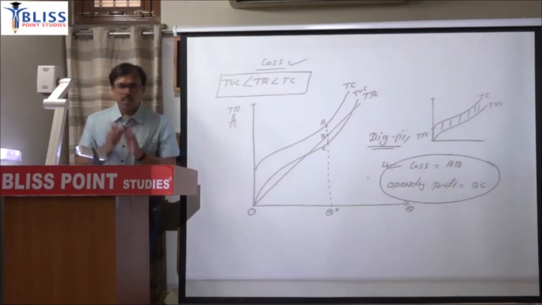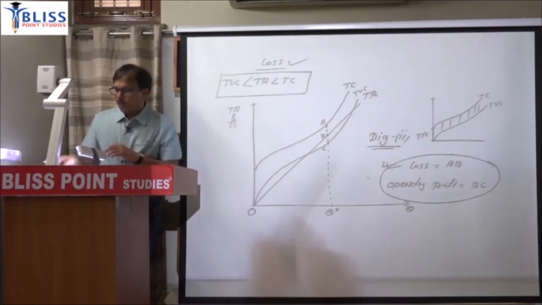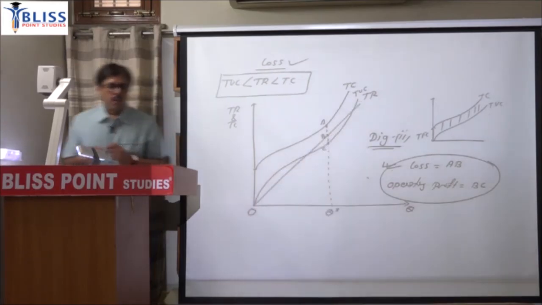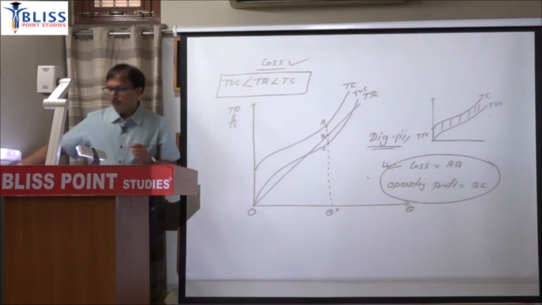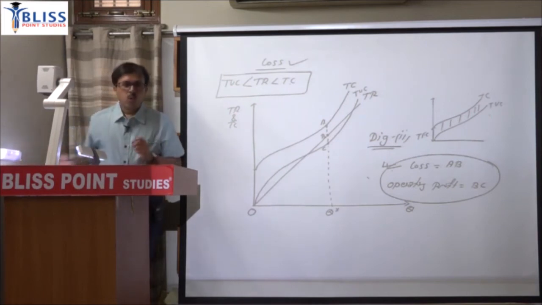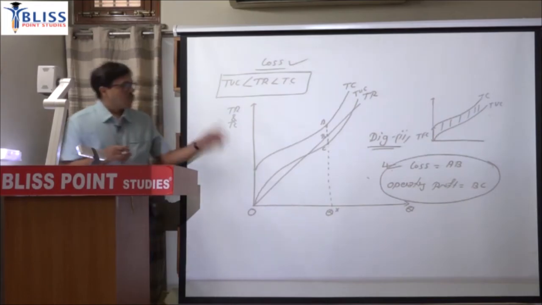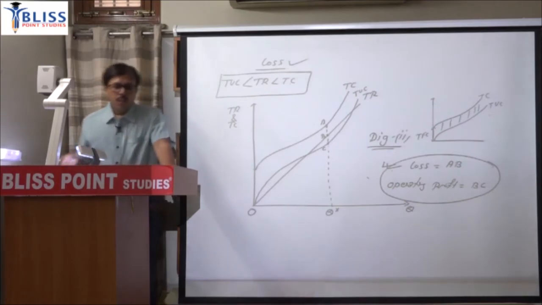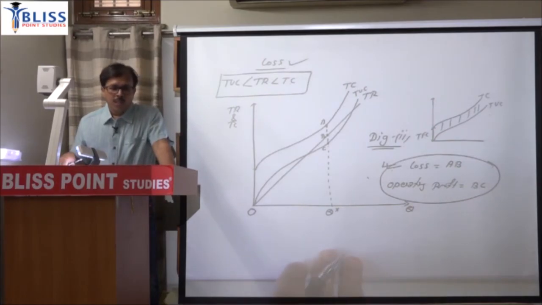Since we are explaining TR and TC, you are expected to write why you have drawn that total revenue line as a straight line. So just mention that in the next paragraph. The total revenue curve is a straight line through origin, showing that price is constant. So under perfect competition, since price is constant, that is why you are drawing that total revenue line as straight.